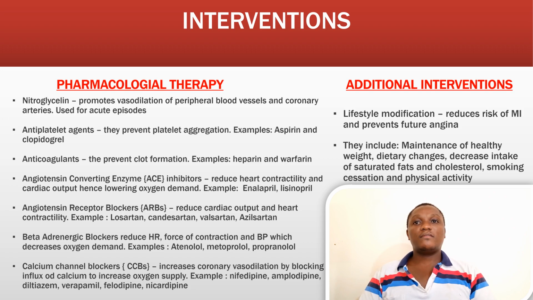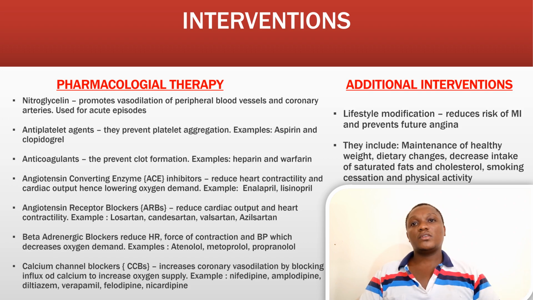We can also give beta-adrenergic blockers. We know they reduce the heart rate, force of contraction, and lower BP, which decreases oxygen demand. Examples of these beta-adrenergic blockers are like atenolol, metoprolol, propranolol. Finally, we can give calcium channel blockers.